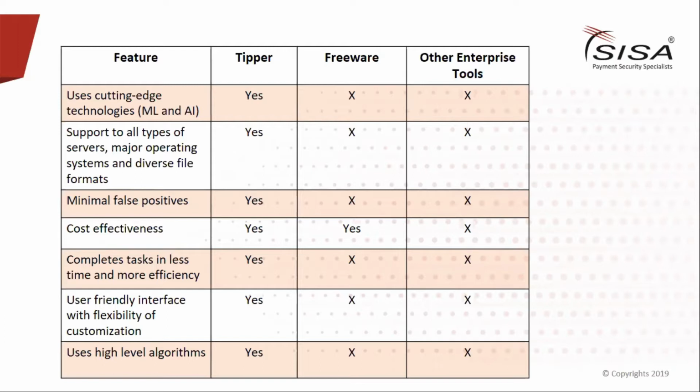The interface is quite friendly, which Shiva will show you shortly, including how exactly you can use the tool and the different interfaces available. It uses high-level algorithms, like the Luhn algorithm and the mod 10 check, to make sure that whatever critical information you identify is actually a critical asset and not a false positive.